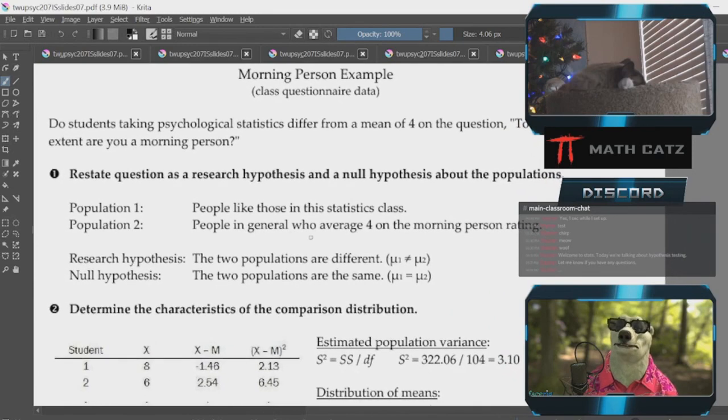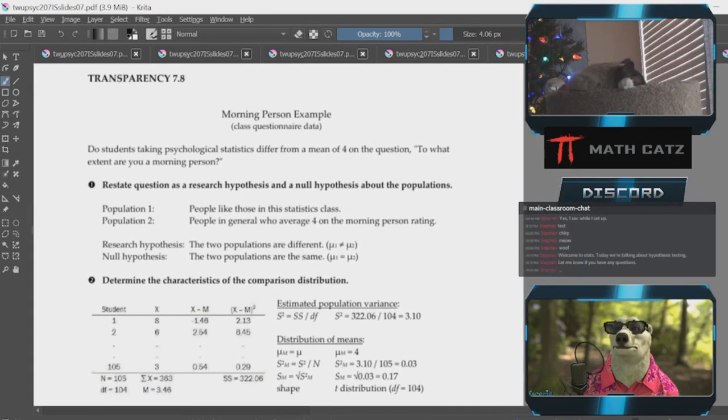My population 2 is sort of my reference general baseline with a mean of 4. And I want to see in the statistics class, is it different from 4? I don't know. Is it up or down? So this is going to be a two-tailed test.